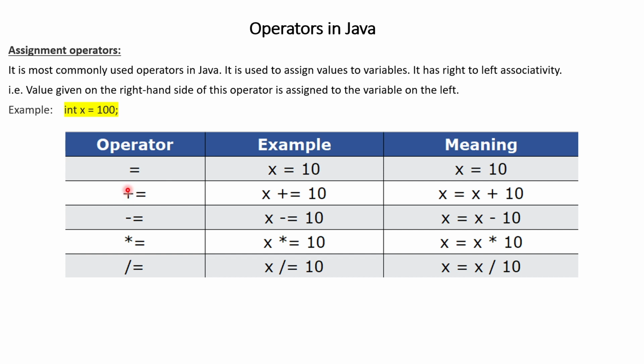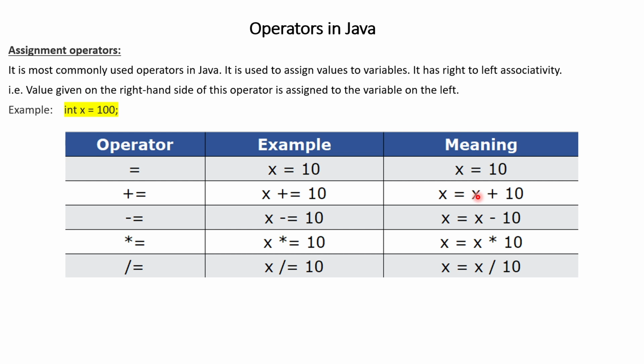Further we have the addition assignment operator, the subtraction assignment operator, the multiplication assignment operator, and the division assignment operator. So these are examples of these operators and their meaning. When I say x equal to 10, this 10 will be assigned to x. When I say x plus equal to 10, this is nothing but the addition assignment operator.